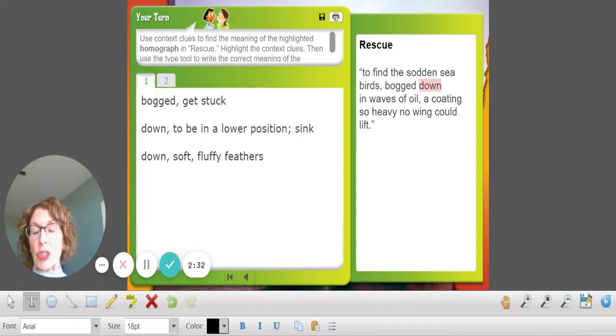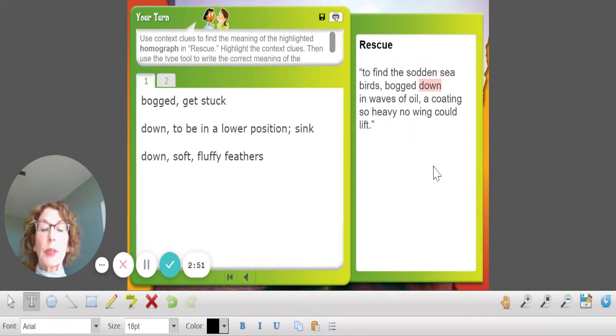And there are some additional meanings as well. Before we begin, I also pointed out the word bogged, which appears in this passage, and bogged means to get stuck. All right, let's go ahead and read the passage and determine the meaning of the homograph down.